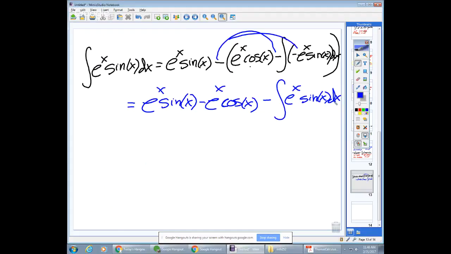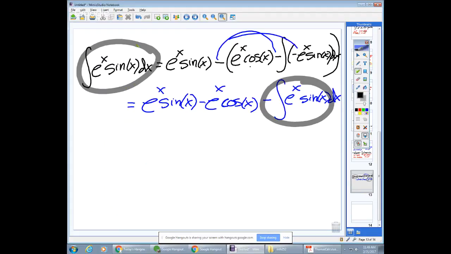No, I'm actually done. Here's why. Check this out. What if we added that sucker right there to the other side? I would have 2 of them. Stanton, you're brilliant. Yes.